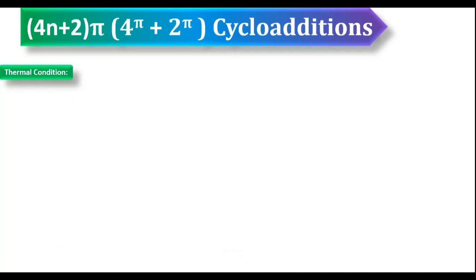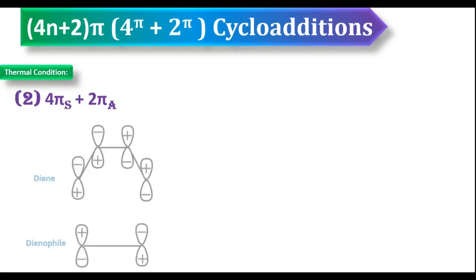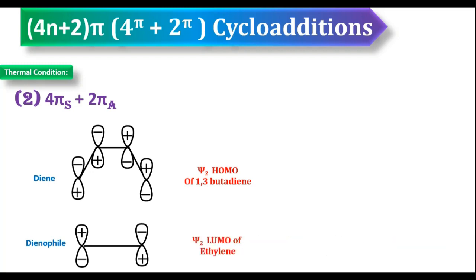Next let us take 4 pi s plus 2 pi a. The first pi partner, that is the diene, this is psi2 HOMO, and this is psi2 LUMO of ethylene. The first pi partner is undergoing supra mode of addition, the second one is undergoing antara mode of addition. So the first is undergoing supra mode of addition, I am selecting bottom side lobes, and this is undergoing antara mode of addition, so I am taking opposite side lobes.